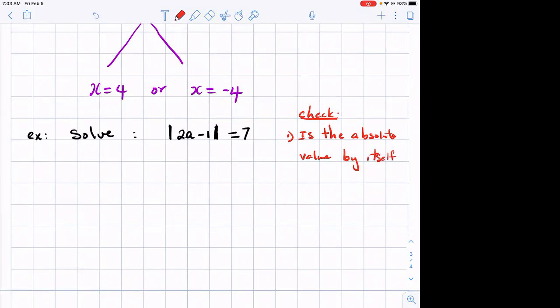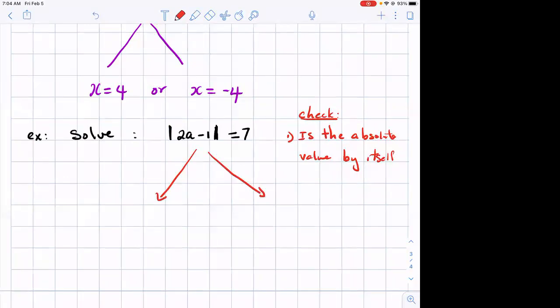What do we mean by that? Is this thing here by itself? There shouldn't be anything on the outside of it. Once that is by itself, or isolated, then we can split.